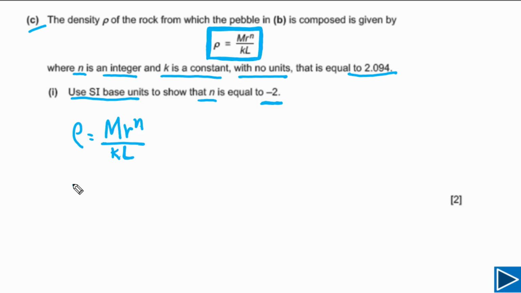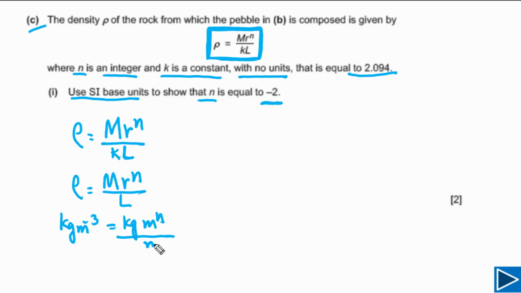K has no units, so we can ignore it. So this is m times R to the power of n divided by L. Now we can write down the units. The SI unit for density is kg per cubic meter, and the SI unit for mass is kg. The SI unit for radius, meaning for length, is meter, and its power is n, and the unit for L is m.